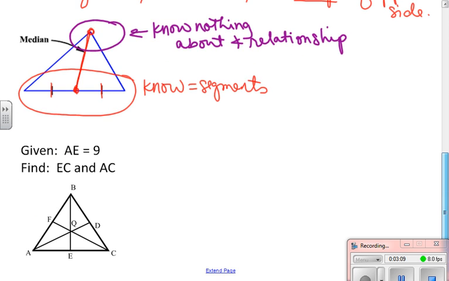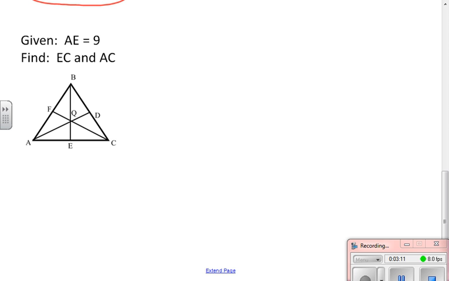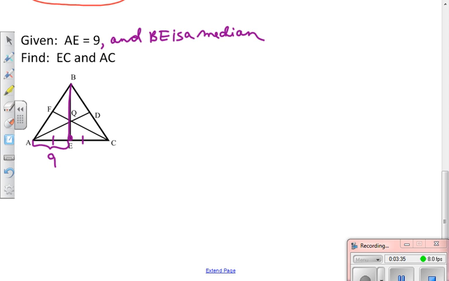So if we look at some examples, given AE is 9 and BE is a median, a little piece of given that didn't show up in the notes here. So if this is a median, that means this piece and this piece are equal, just by definition of median. So if A to E is 9, all of that is my given.